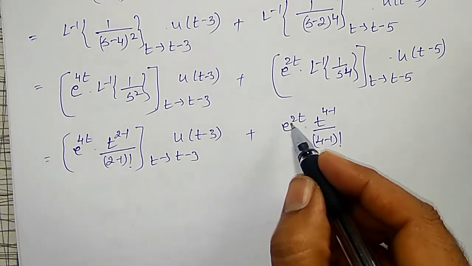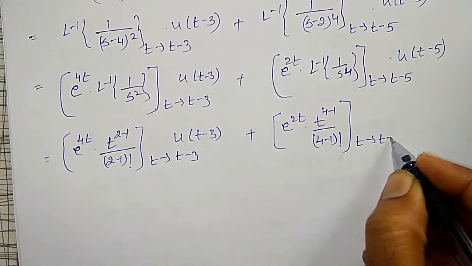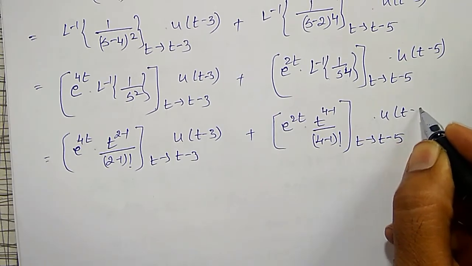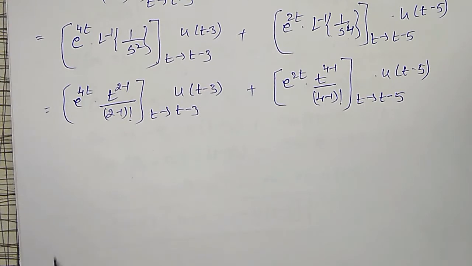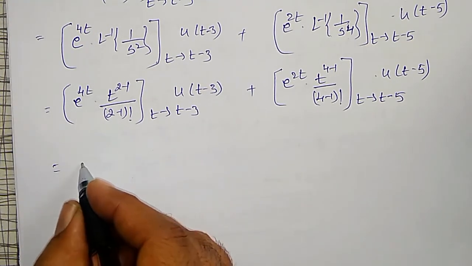These are standard formulas you have to remember, and t is replaced by t minus 5 into u of t minus 5.